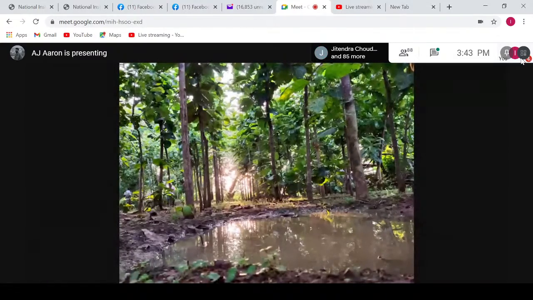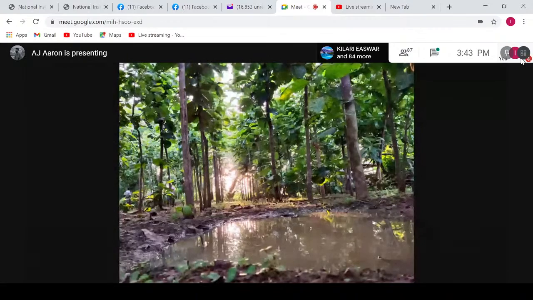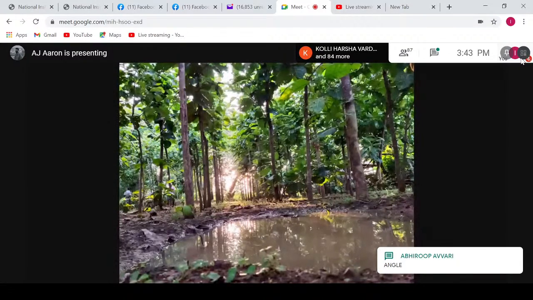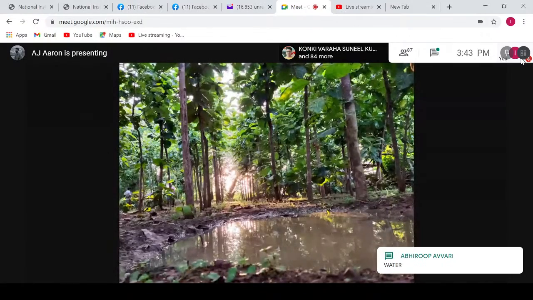Okay, let's talk about this. What are some interesting elements in this image? Low angle, yeah. Water, yes.